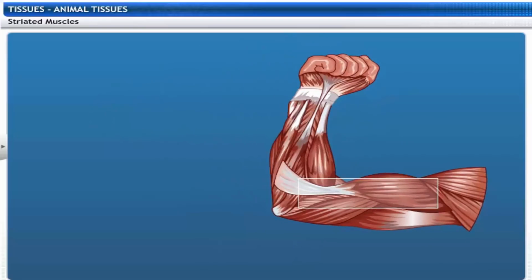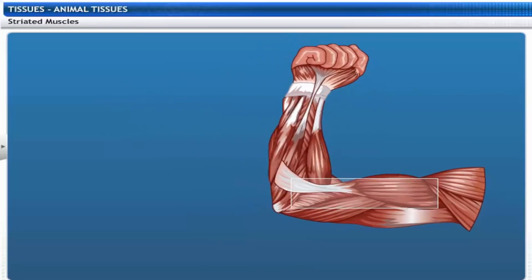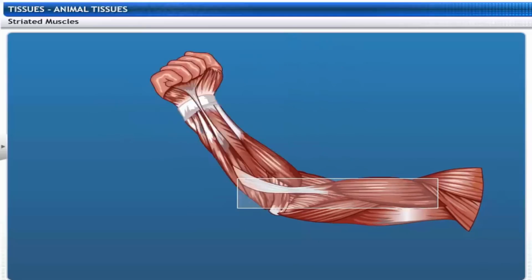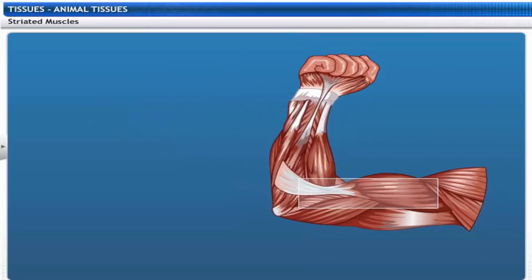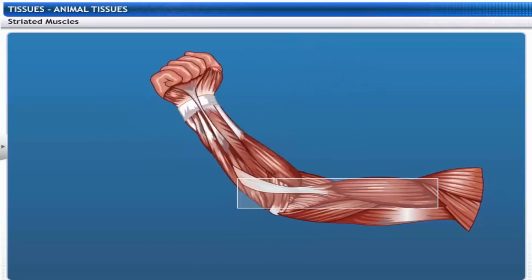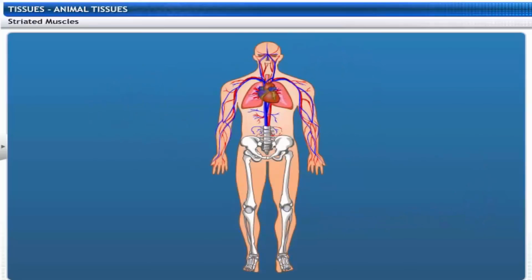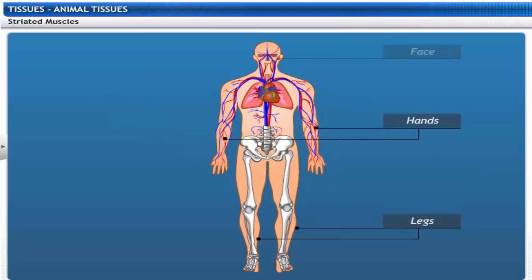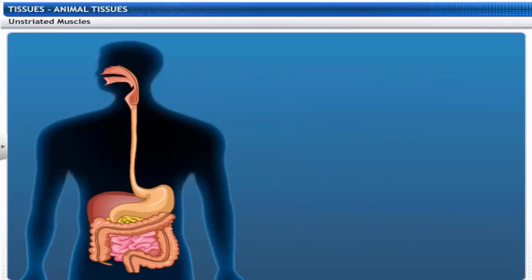These muscles help us move our limbs and lift weights at will. So, striated muscles are called voluntary muscles. They are found in our limbs, body wall, face and neck. See how the food is pushed down to the alimentary canal by the contraction and relaxation of muscles.